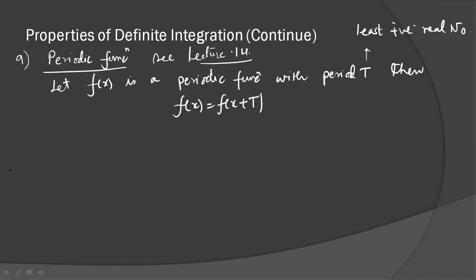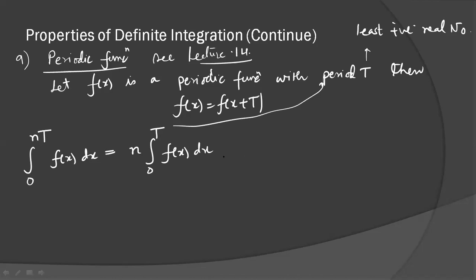Now, what is the property? The integral from 0 to nT of f(x) dx can be written as n times the integral from 0 to T of f(x) dx, where T is the period of the function. But remember here, n is any integer. It can be negative, it can be positive also. This is called the periodic function property.